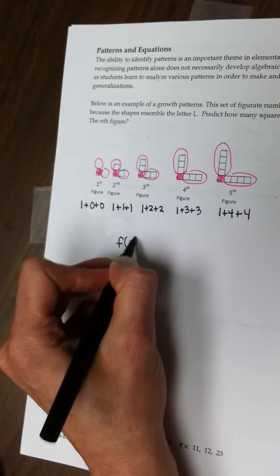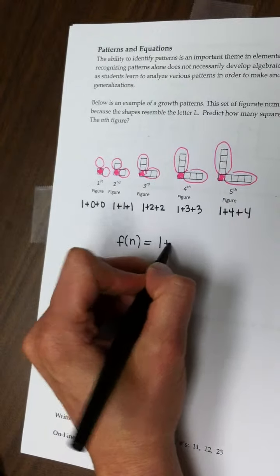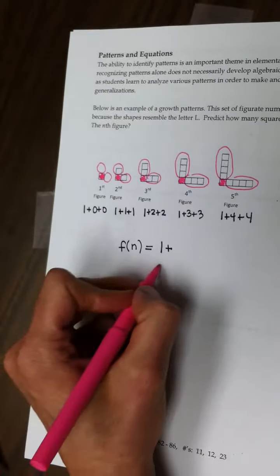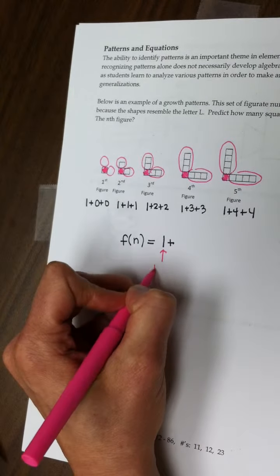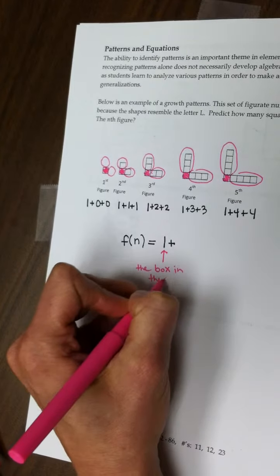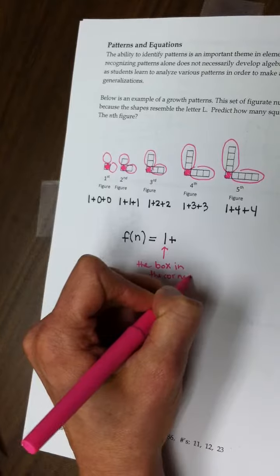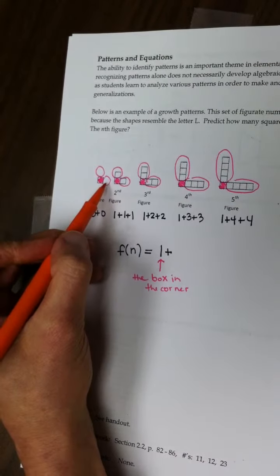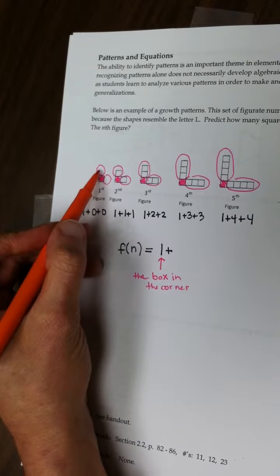So when I go to generalize, my function is going to have 1 plus something, where that 1 is representing the box in the corner. So how are we going to represent the blocks that came to the right and to the top?